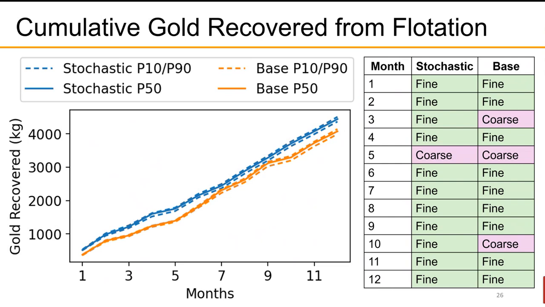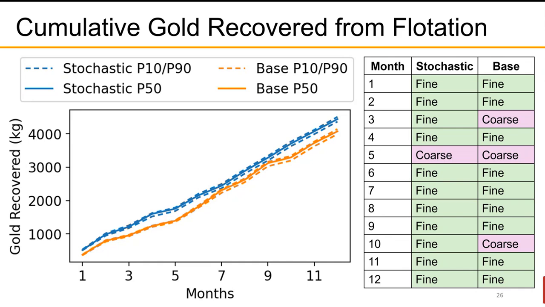On the right, we can see the choices made for the operating modes of the grinding mill, and they actually made mostly similar choices, making fine grinding in most months, but there are some differences. And we can see in the gold recovered over the 12 months that the stochastic schedule is consistently producing more gold.